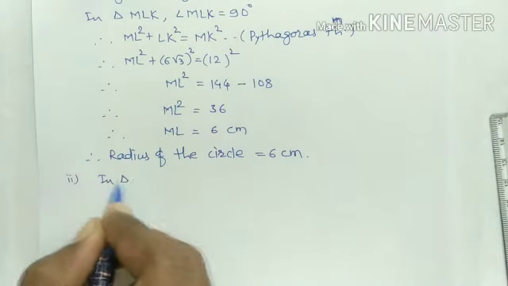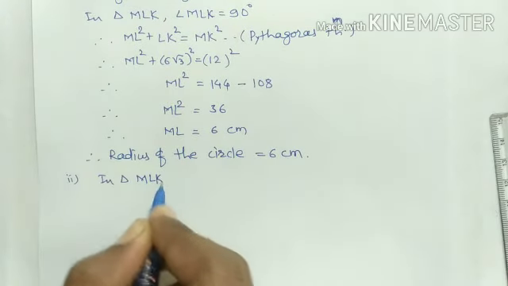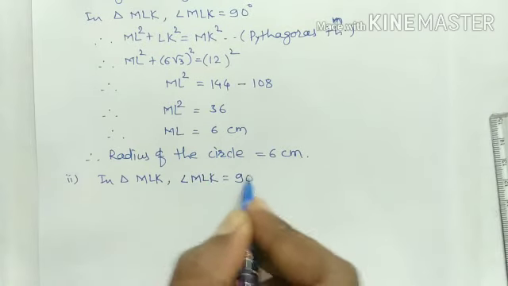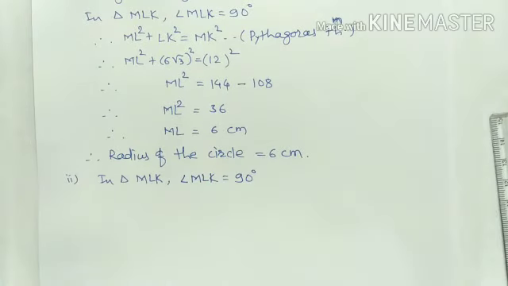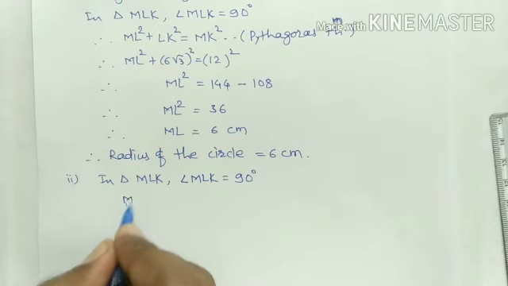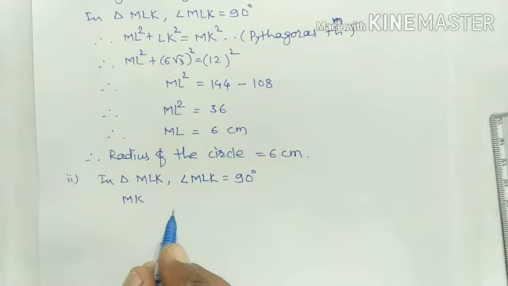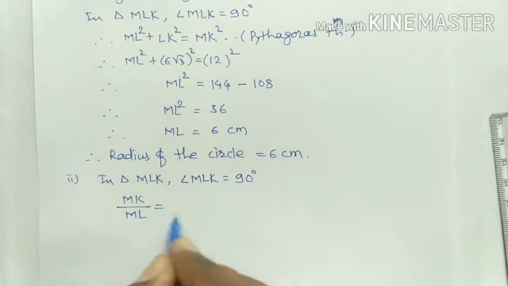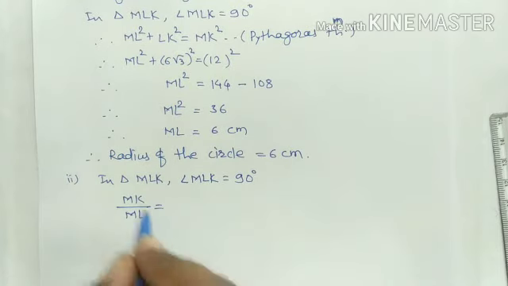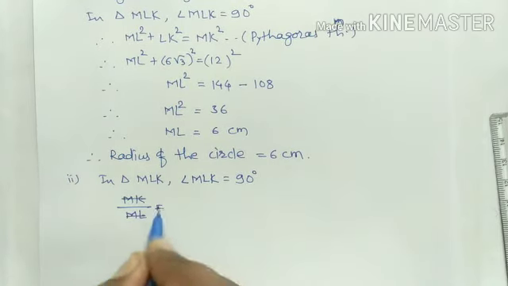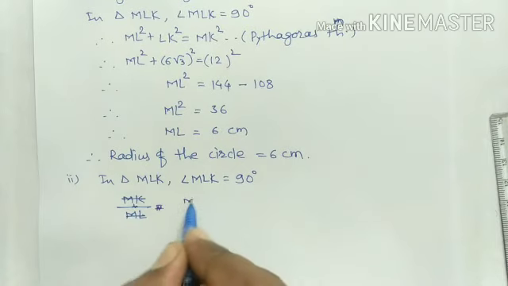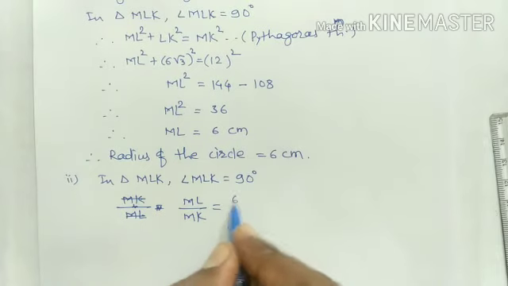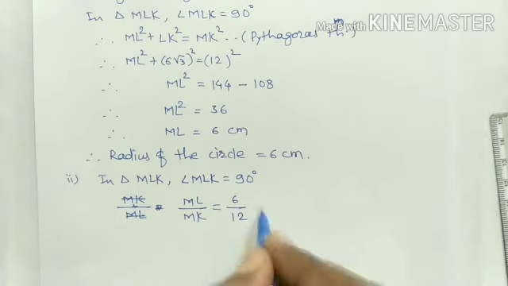Now in triangle MLK, angle MLK equals to 90 degree, then ML upon MK, काही आपण ML upon MK घेऊया, म्हणजे 1/2 येईल. ML upon MK equals to 6/12.